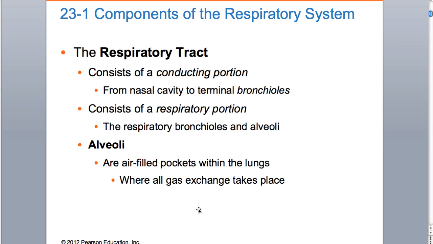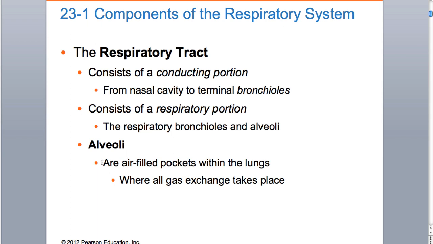And you'll see that at the very bottom here as well. What are alveoli? They're air-filled pockets. That's where gas exchange will take place. So the alveoli belong to the respiratory portion, therefore places where gas exchange will occur.